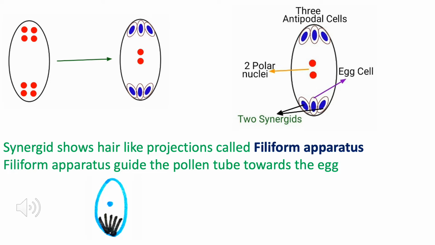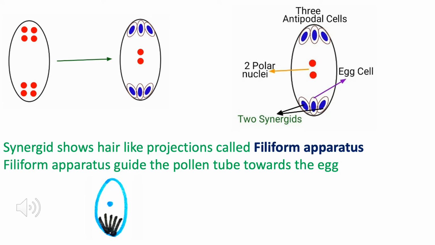So here in the diagram, you can see the 2 red dot-like structures. They are the 2 polar nuclei which have migrated from the poles to the center. In the south pole, you can see 2 synergids and the central one is the egg cell. Now synergids show hair-like projections which are called filiform apparatus.